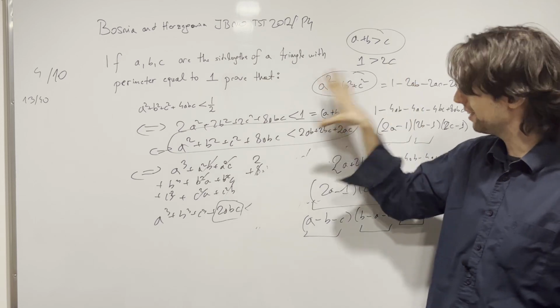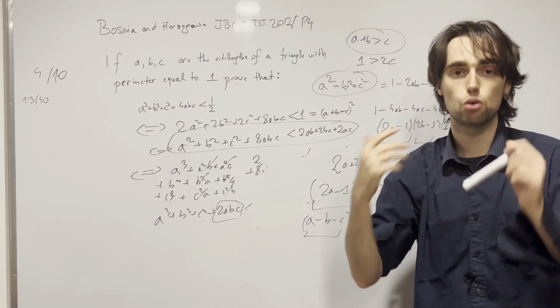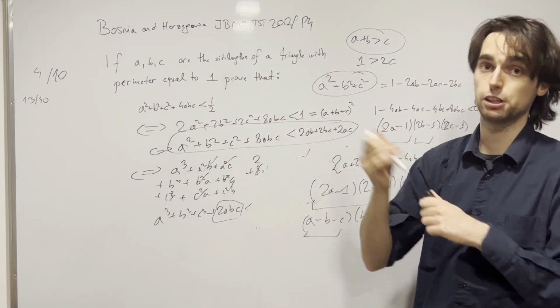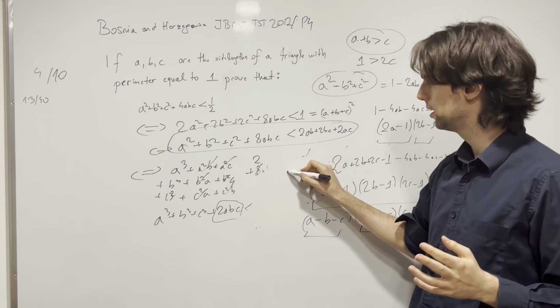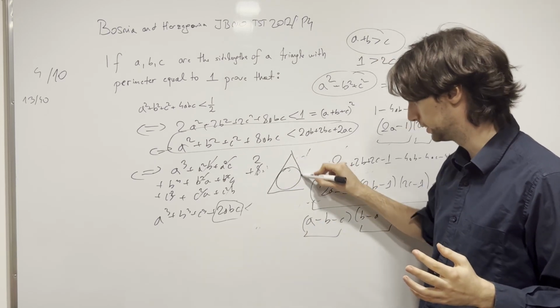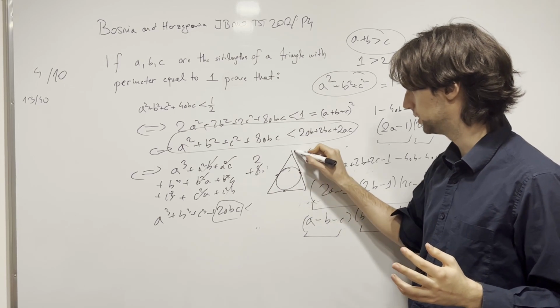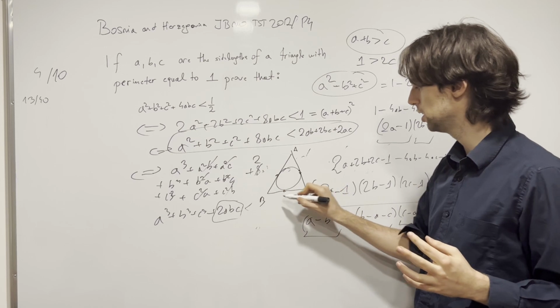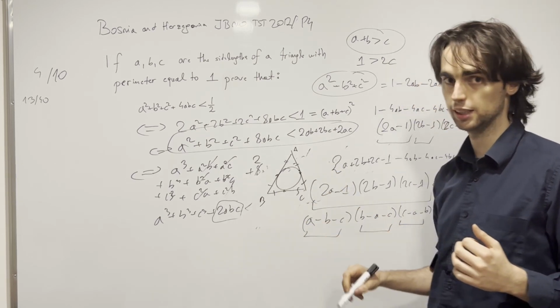But the other idea I want to show you is how you can use that a, b, c are lengths of a triangle. And this is, I think, called the Ravi substitution method, which is if you put in the incircle, every triangle has an incircle. And then from the incircle, if this is a, b, c, this is equal to this is equal to this, and this side is equal to this side.